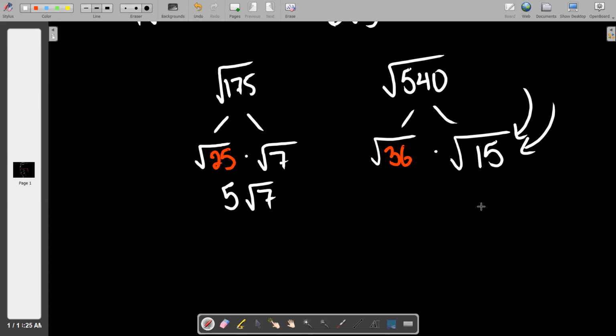Yes. Because the only way to make it would be a trash and a trash. 5 times 3 is trash times trash, right? And if your leftover number had been like an 18, then I would have said, I'm not done because 18 is not trash. So if your second number isn't trash, then you didn't go far enough in the red list, right? What's the square root of 36? So our answer is 6 root 15.